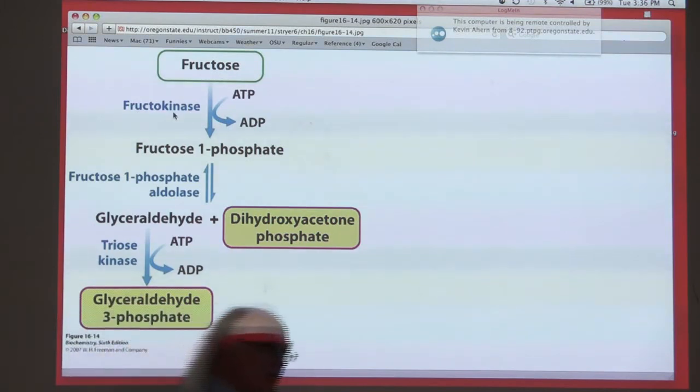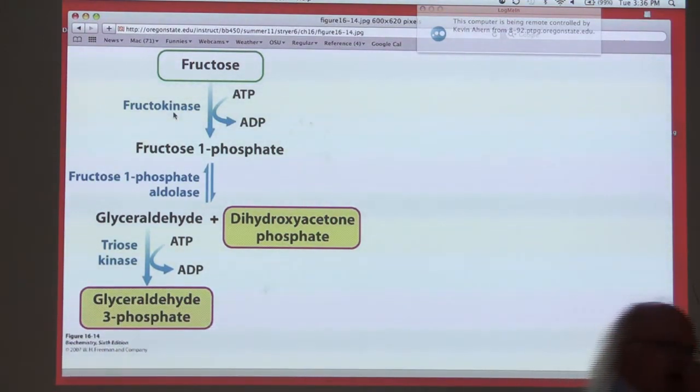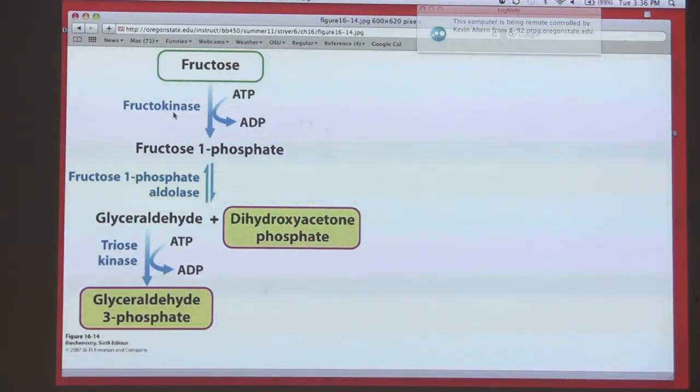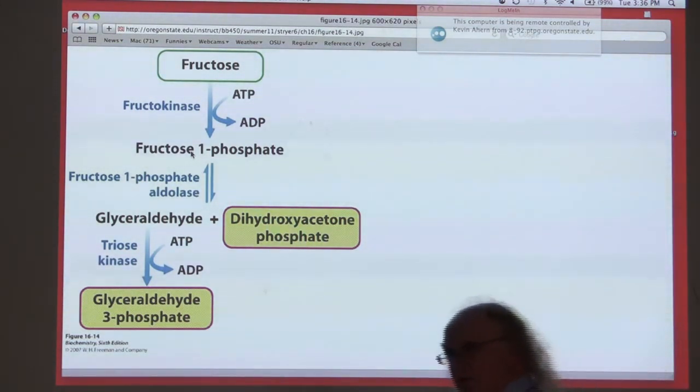And like glucose, fructose is a poison. So the body wants to do something with it to detoxify it, and in detoxifying it, it converts fructose into fructose 1-phosphate. So fructokinase catalyzes a reaction, as you'll see here. It's not unlike what hexokinase did, except this is making fructose 1-phosphate instead of fructose 6-phosphate.